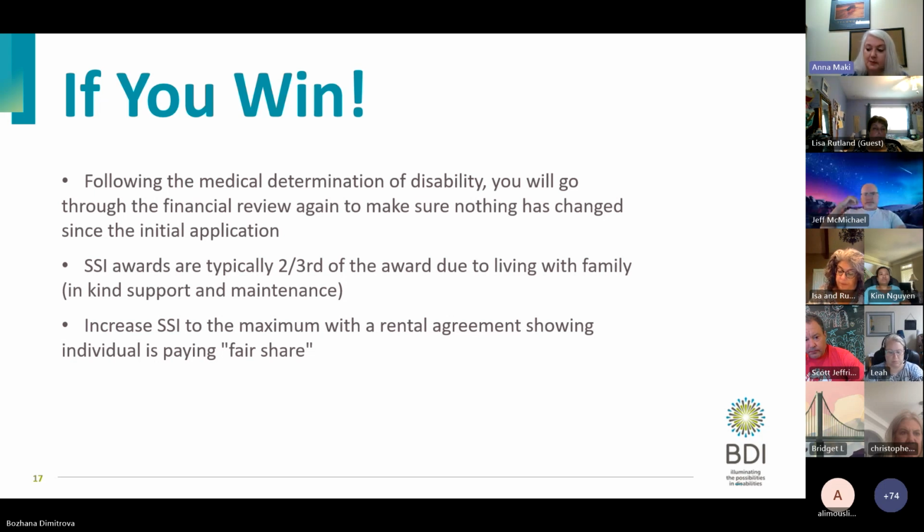What you would notice, I mentioned that the maximum award is 914, right? If they're living at home with you, then you're subsidizing them. You're providing some maintenance for them. So they're going that award, go, wait a minute, this is only $607. What happened? And it's because Social Security has lopped off 1/3 of the award.